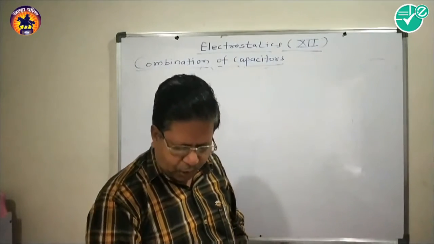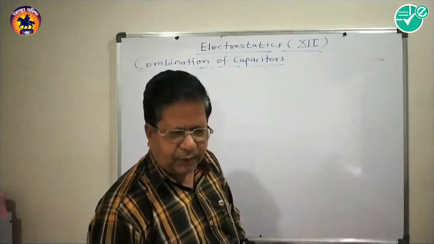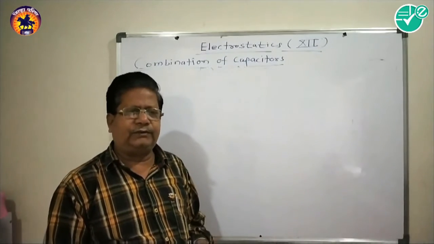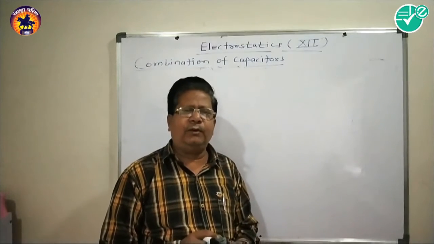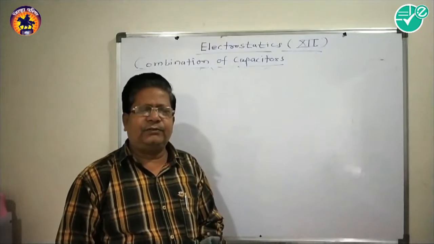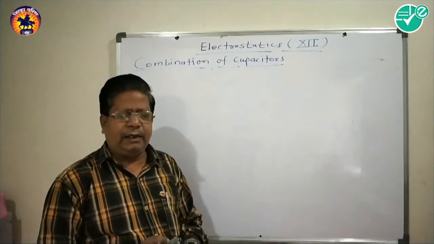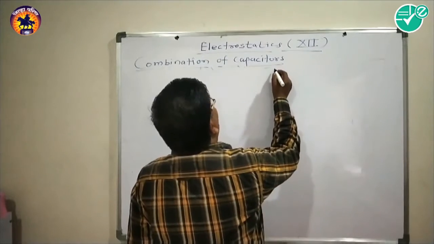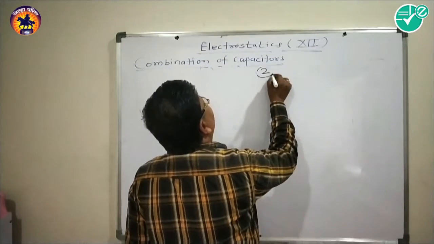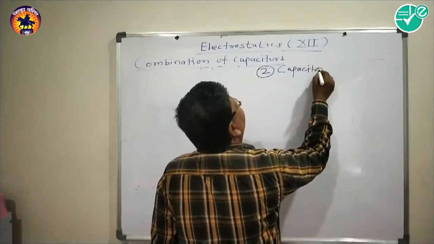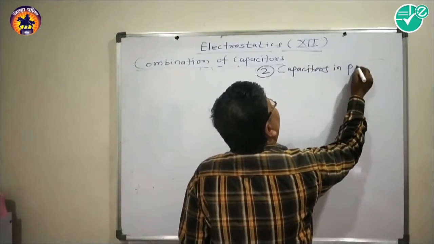And finally we have derived the formula 1 upon Cs is equal to 1 upon C1 plus 1 upon C2 plus and so on plus 1 upon Cn, if n capacitors having capacitances C1, C2 and so on are connected in series. Now, the second combination of capacitors is capacitors in parallel.